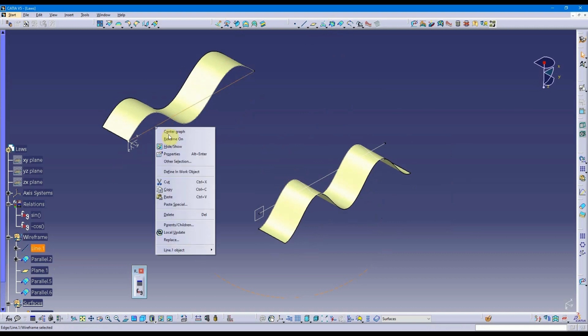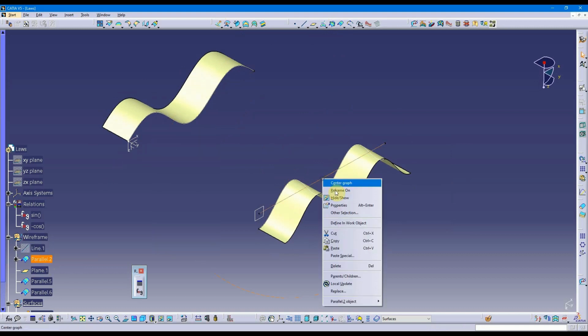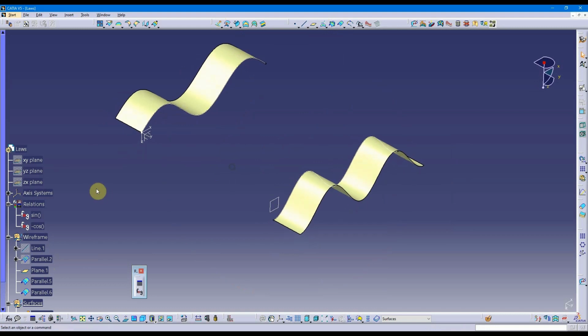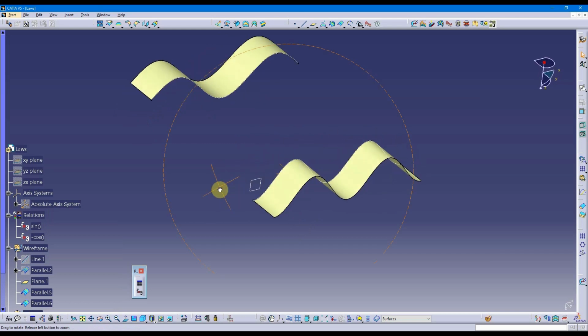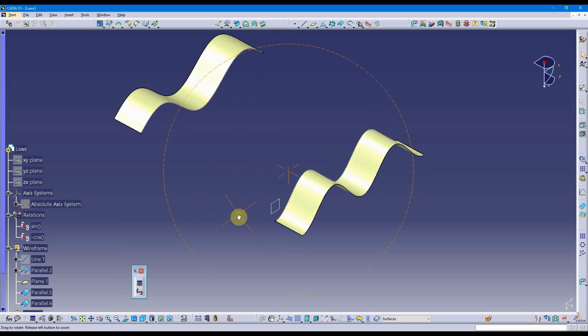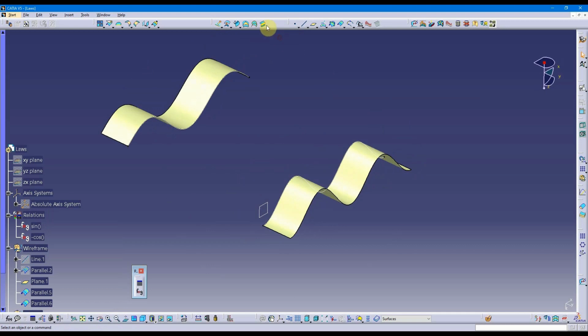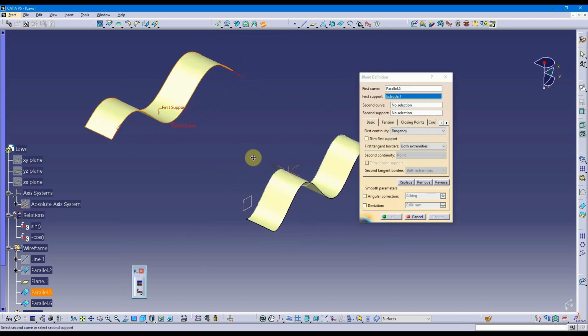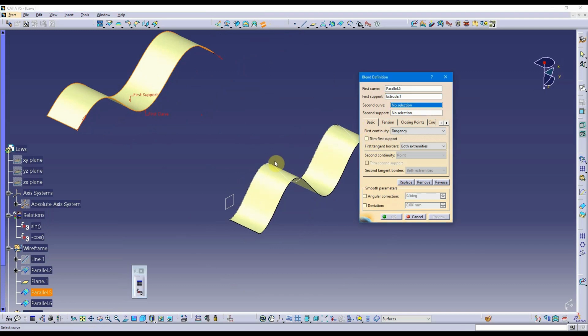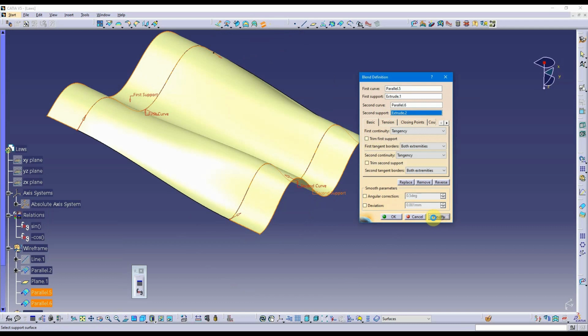So I'm going to hide some of this stuff. I'm actually going to hide my axis system so that this will make it somewhat interesting, I think. I like interesting. So let's try a blend here. I'm going to go from that curve with the support of this surface to this curve with the support of this surface. And let's preview it.